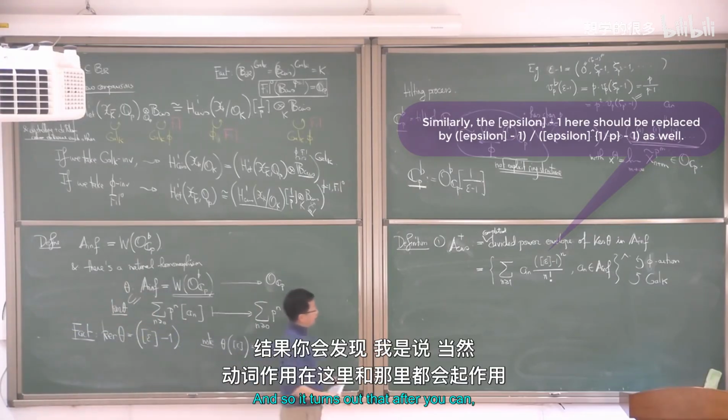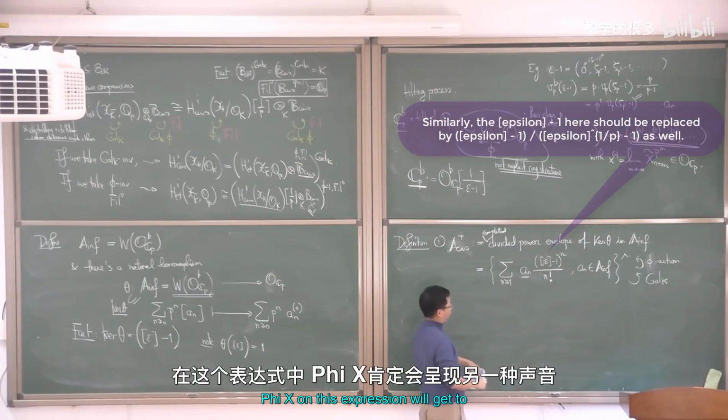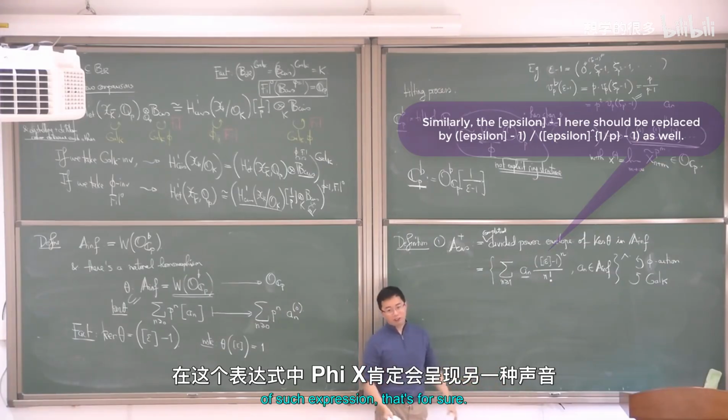And so it turns out that, of course, the Frobenius action will act here as well as here. Phi acts on this expression and will get another sum of such expressions. That's for sure.